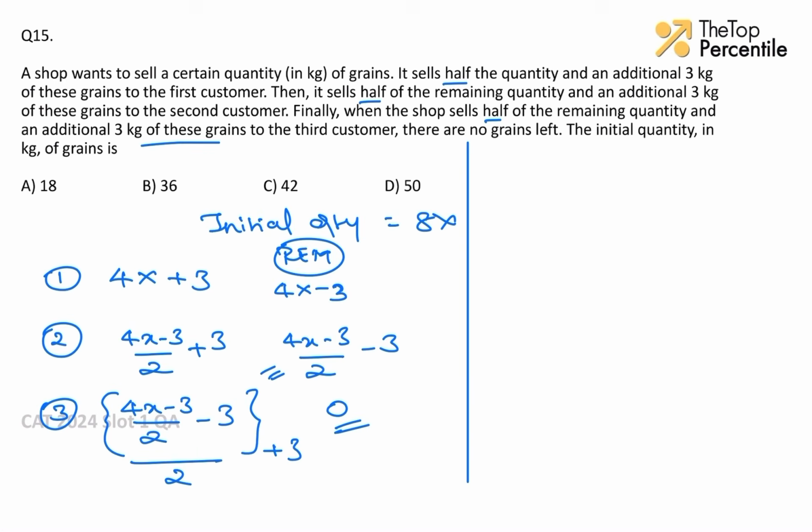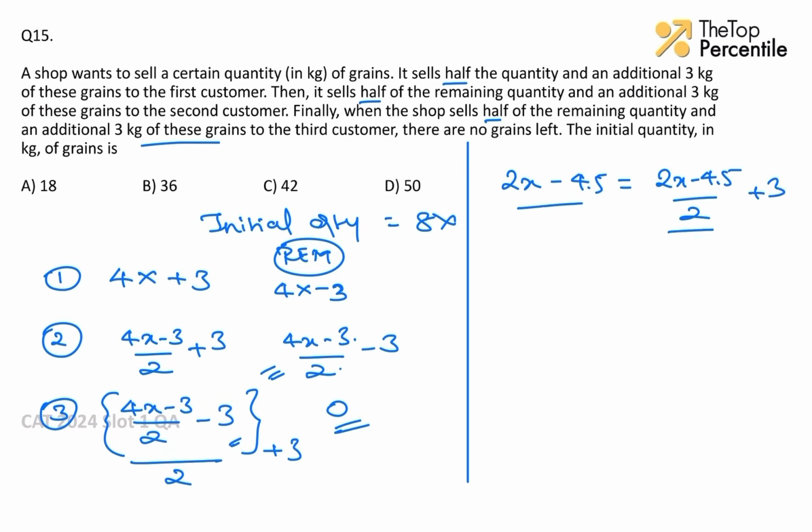So let's simplify them a bit. So 4x by 2 is 2x, minus 3 by 2, it's minus 1.5, minus 3, this will be minus 4.5. This will be equal to, again, we have found this value to be 2x minus 4.5, this will be by 2 plus 3.